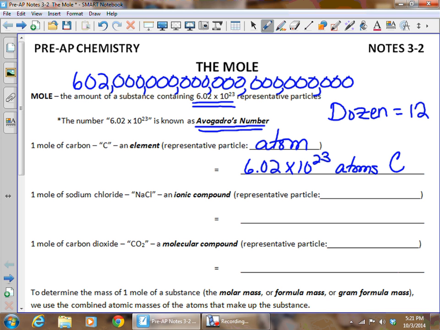On the other hand, if we wanted to get a mole of sodium chloride, remember sodium chloride is an ionic compound, and we talked before about the fact that an ionic compound is represented by formula units. Then you would go get me 6.02 times 10 to the 23rd formula units of NaCl.